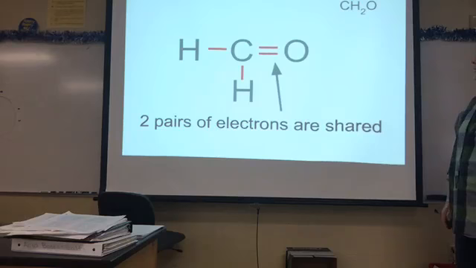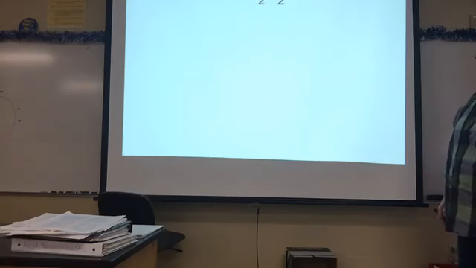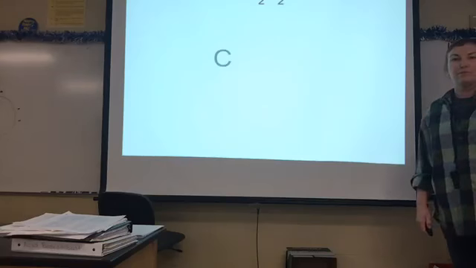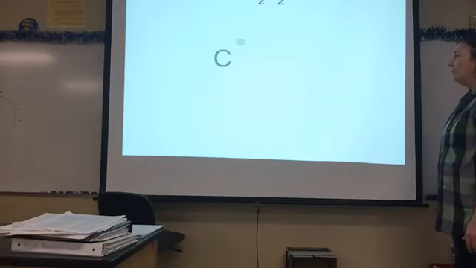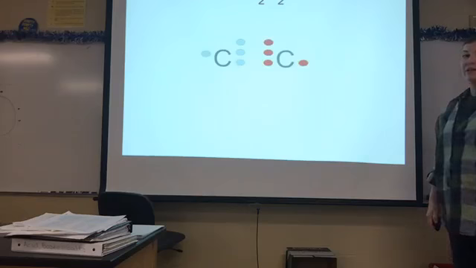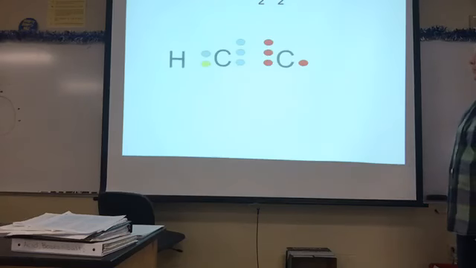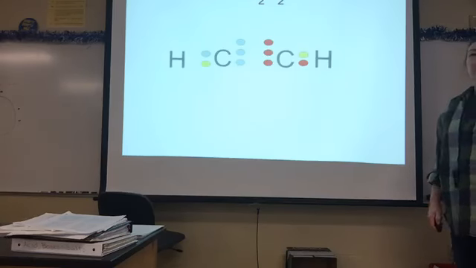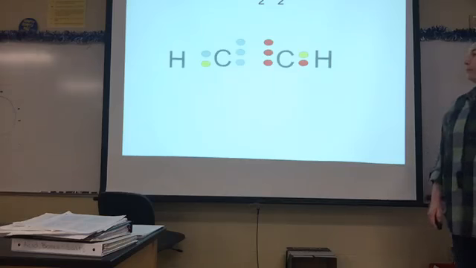Okay? Now, triple bonds. C2H2, we have a carbon. How many valence electrons? 4. Thank you. Another carbon here with its 4 valence electrons. And each hydrogen has what? 1. These molecules like to be symmetrical.